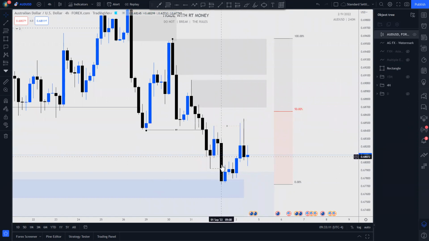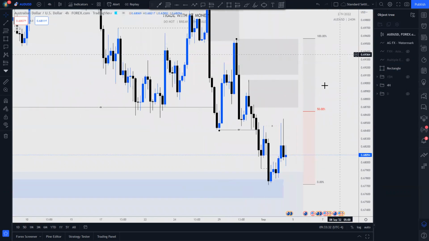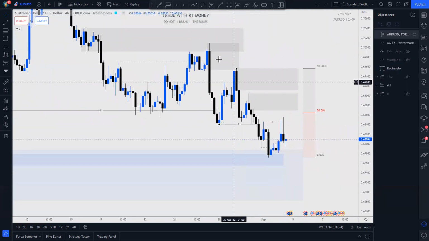I have this as one leg of structure here, right? I have it illustrated here as premium price and discount price. And if price wants to go into premium, this is where I would want to take shorts to continue to ride the bearish trend down.